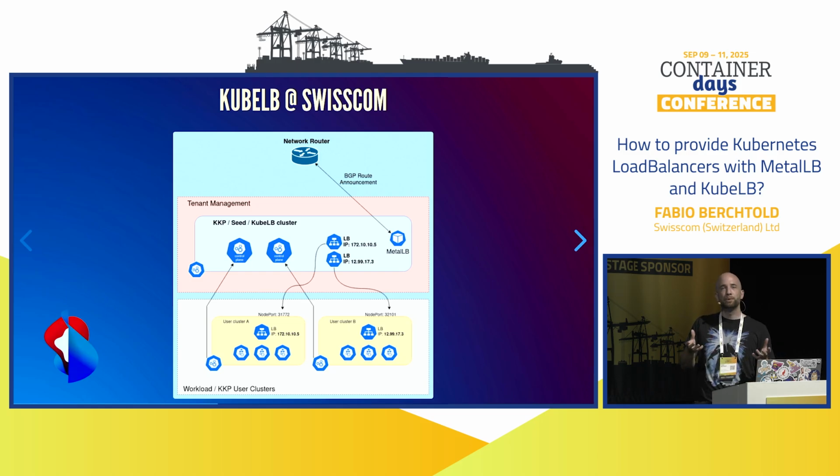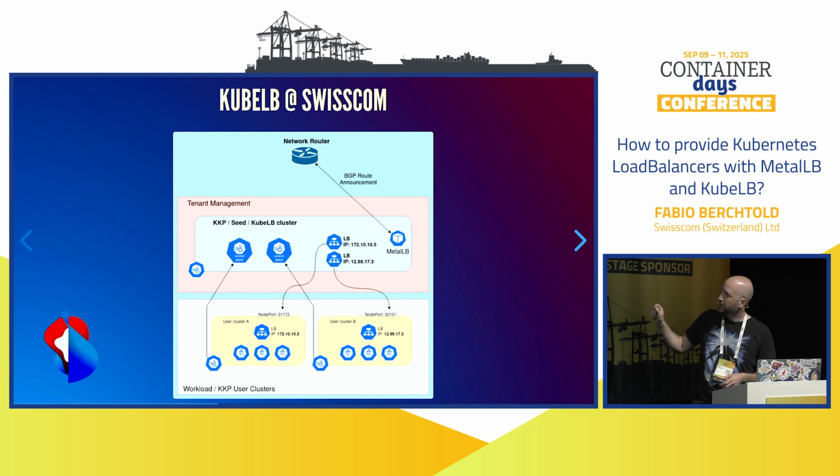And so from the perspective of a user, all he sees is he creates a service of type load balancer. A few seconds later, it gets an IP assigned, and he starts receiving traffic on this IP without being able to actually see the MetalLB behind the scenes, right? That's the main purpose. So he can't interfere with this MetalLB, he can't misconfigure it, et cetera.